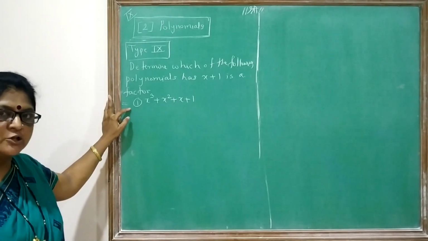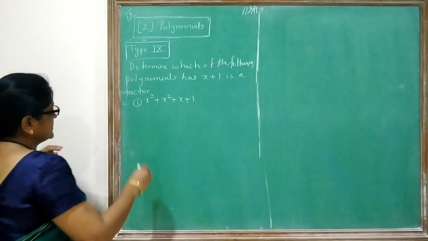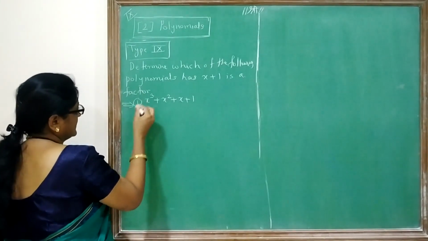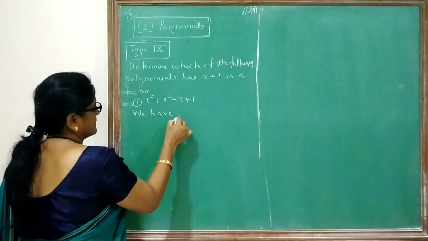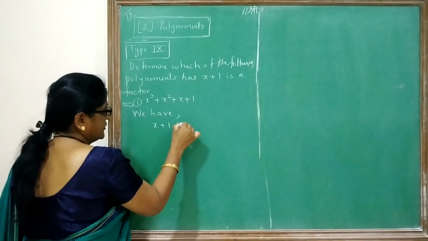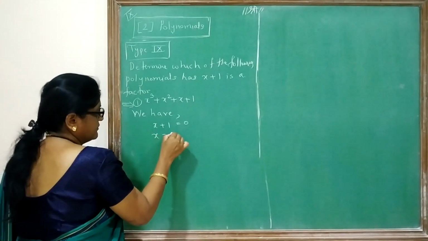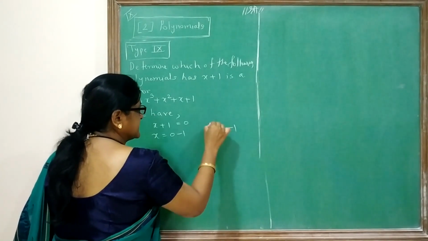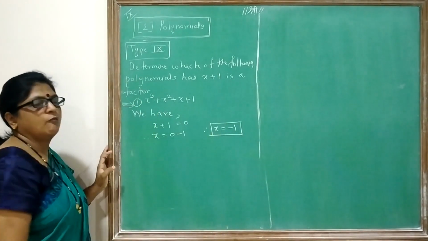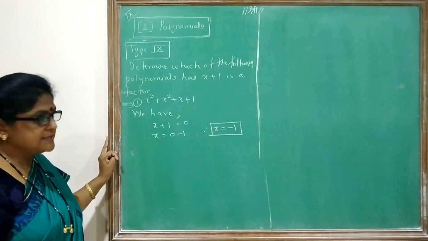First we can solve and then see what its remainder is. We have x plus 1 equal to 0, then x equals 0 minus 1, and therefore x is minus 1.